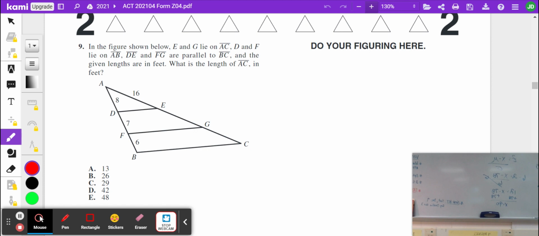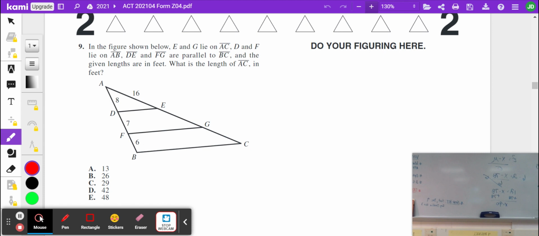Isosceles triangle. Can you find one? What's an isosceles triangle? Come on, y'all talk to me. Where's the squad? Okay. Tell me what an isosceles triangle is. 2 sides that are equal.